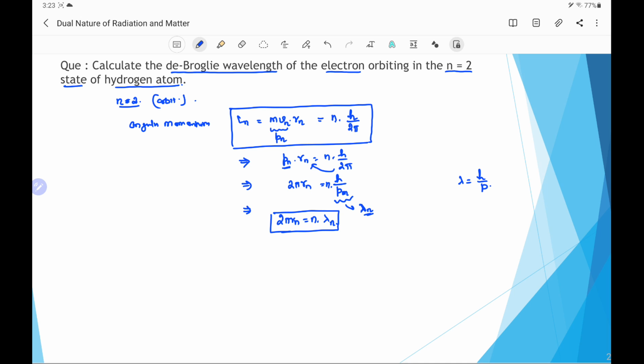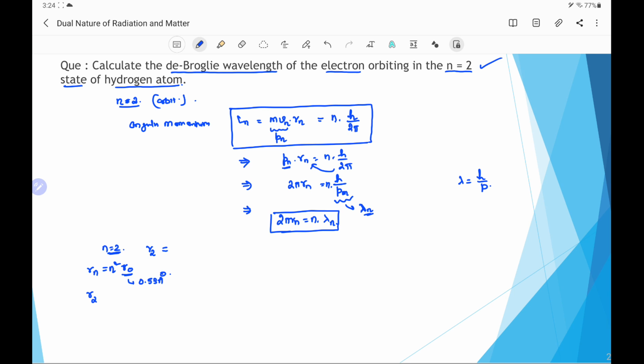Using this relation, we can calculate the de-Broglie wavelength when electron is orbiting in the n equal to 2 state or orbit. So for n equal to 2, we know the radius r2 will be equal to, in general, rn, the radius of the nth orbit, equal to n square times a basic parameter R0, and this R0 has the value 0.53 angstrom.